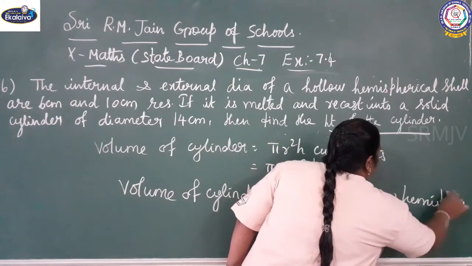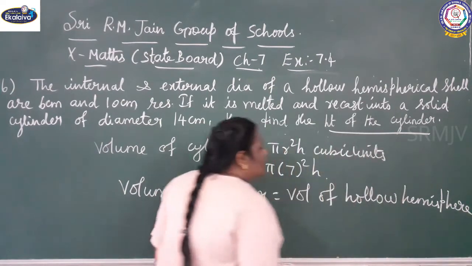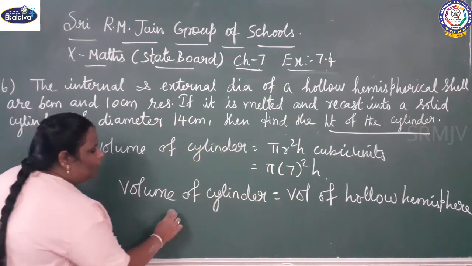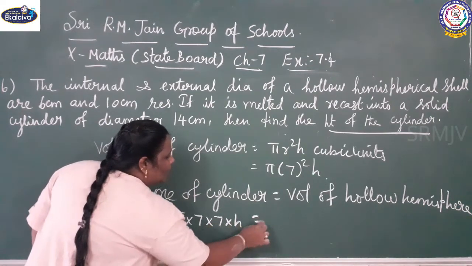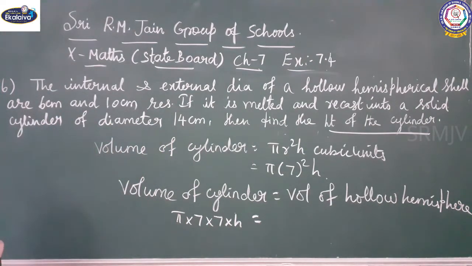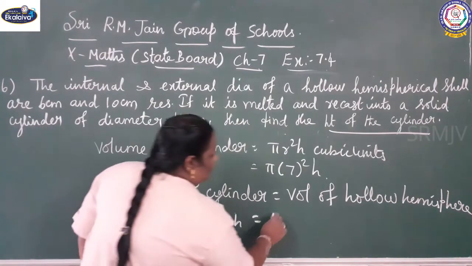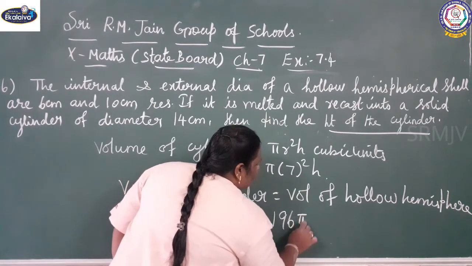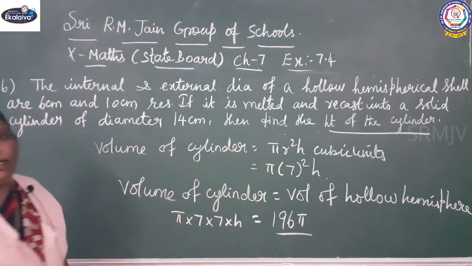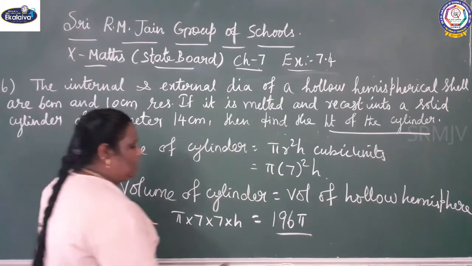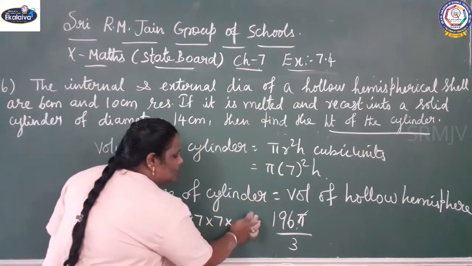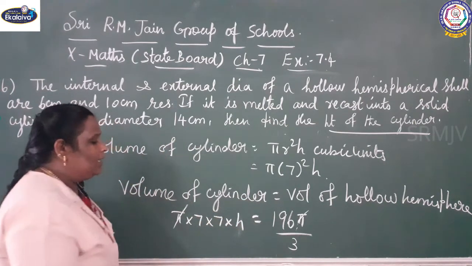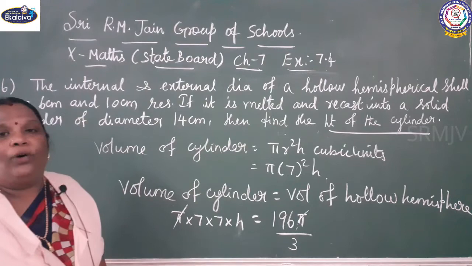Volume of cylinder equal to pi r square h, pi into 7 into 7 into h equal to volume of hollow hemisphere. What is the value we found already? 196 by 3. So pi gets cancelled. 7 sevens are 49.